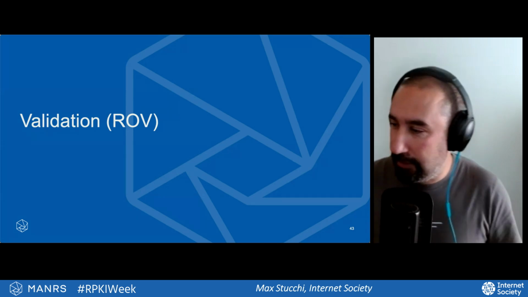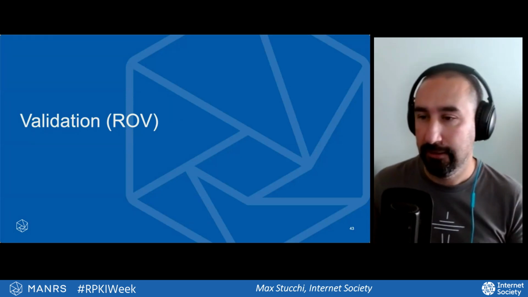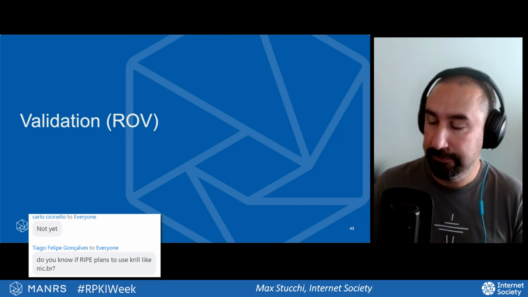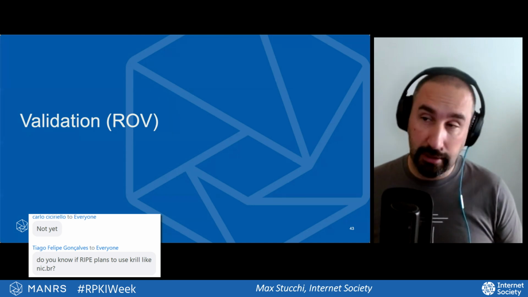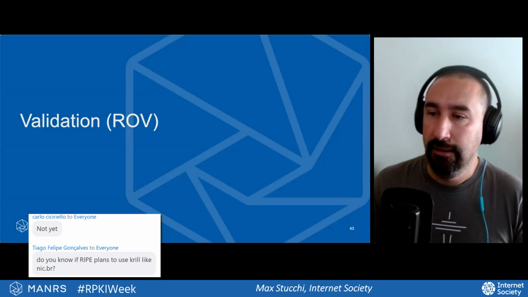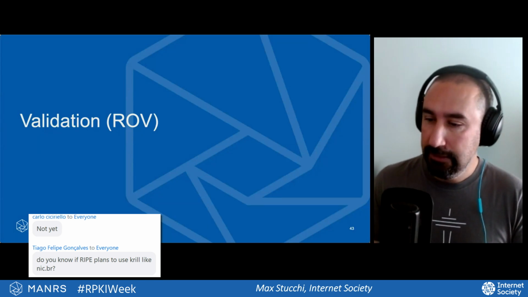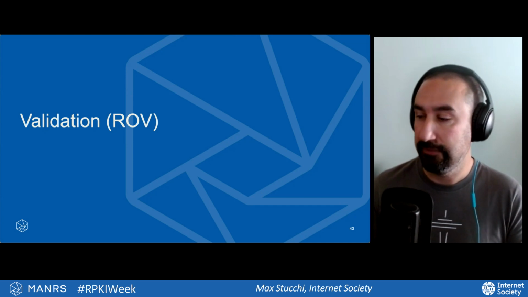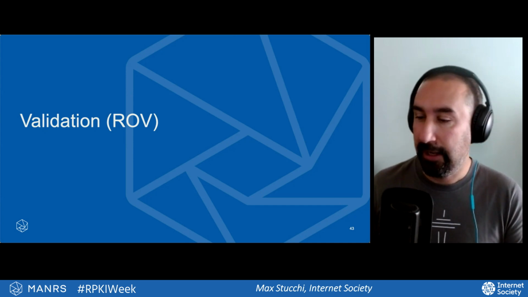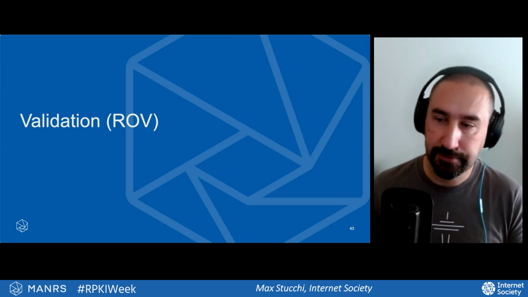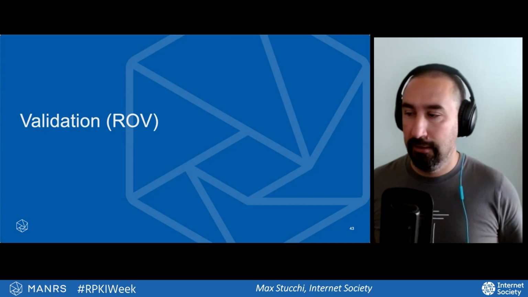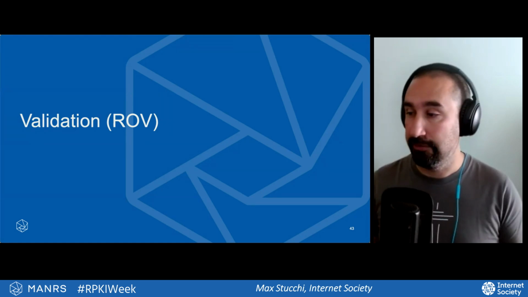Okay, do I know if RIPE plans to use Krill like NIC.br? I don't think they plan on that. I think they have some parts that use some features out of Krill, but the RIPE NCC has their own platform that they created with their own HSMs to create and delete ROAs, to manage the RPKI repository.